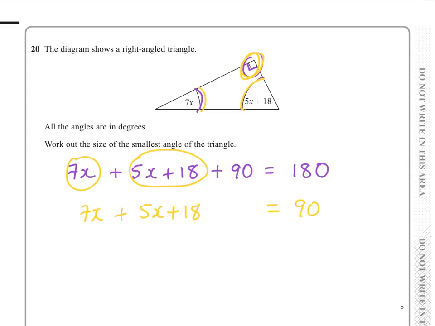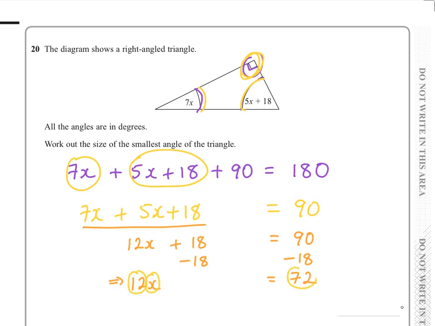So all we have to do is simplify this left hand side and we get 12x plus 18 equals 90. If I take 18 from both sides of this equation, then I would have 12x equals 72. And think about this, 12 times what gives 72?